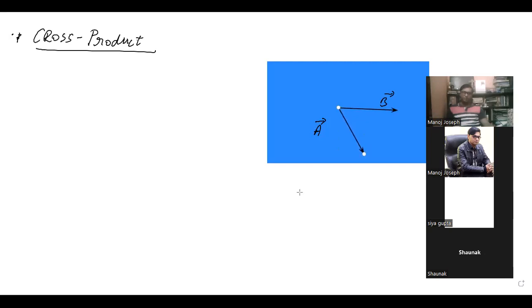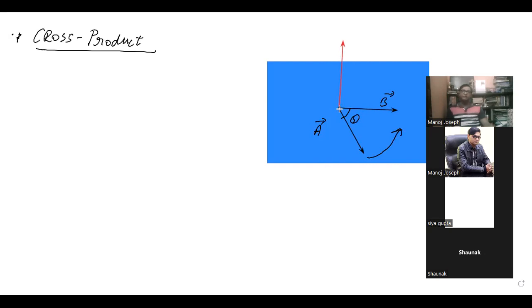In this case, there is an angle between vector A and vector B. When I rotate vector A towards vector B, a third vector, which is the product of these two, comes out of the plane.